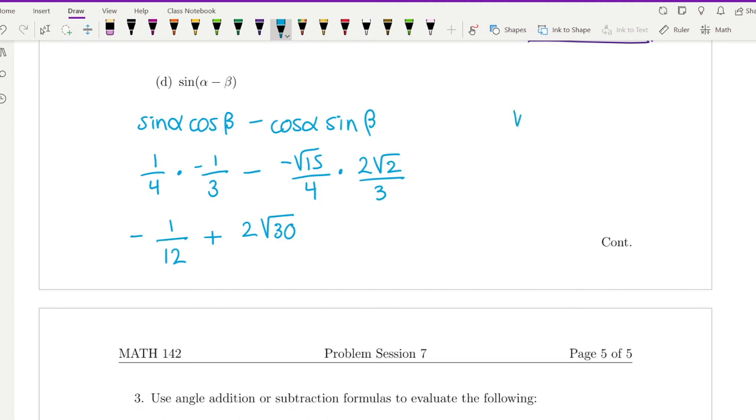So square root of A times square root of B is the same as square root of A times B. In this case, we have square root of 15, we have square root of 2, multiply those together, you get square root of 30, and then we also have this extra 2 out front that came from here. And so our final answer is negative 1 plus 2 root 30, all divided by 12.